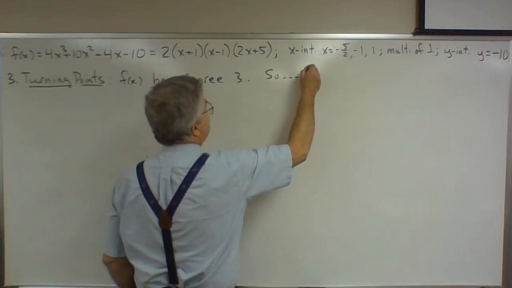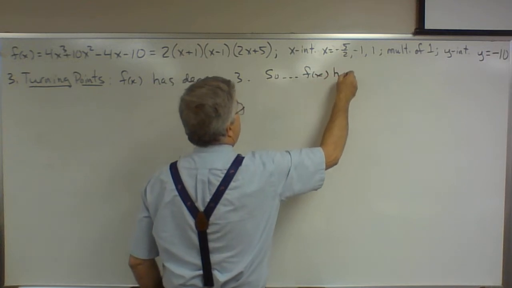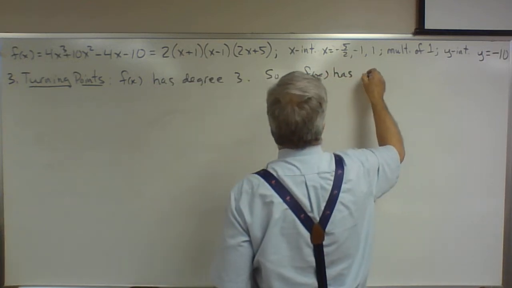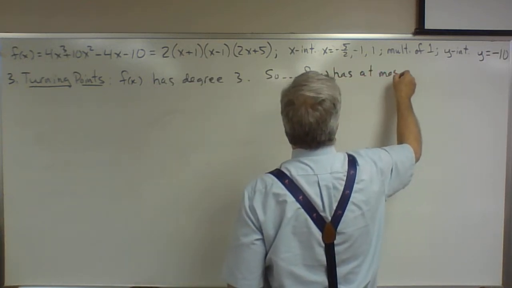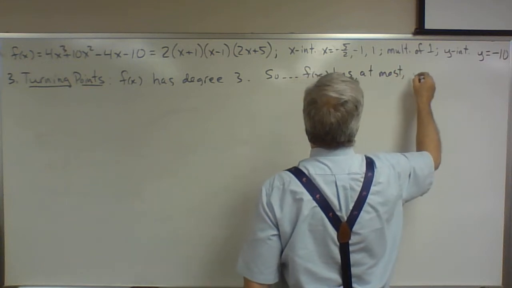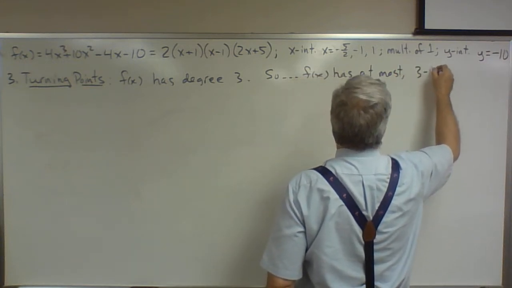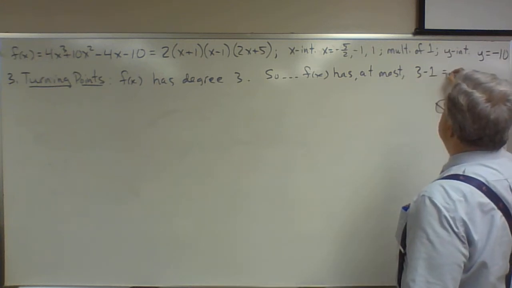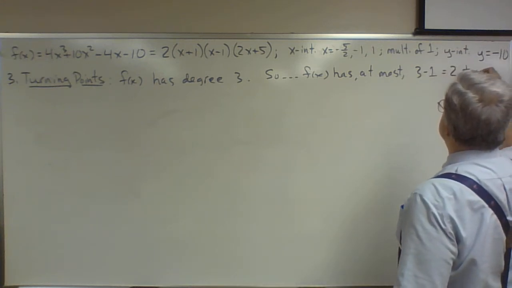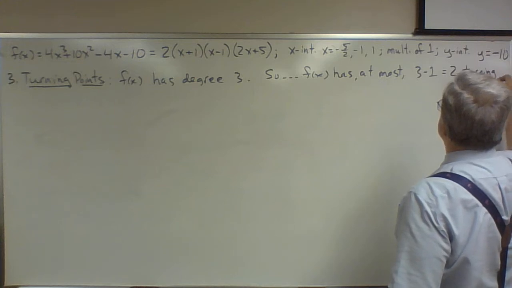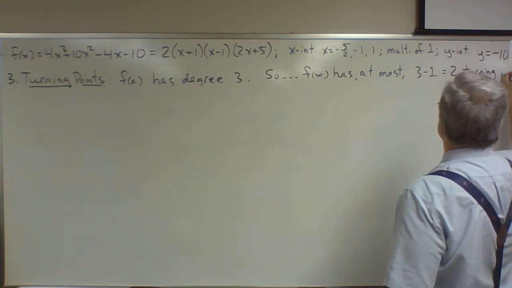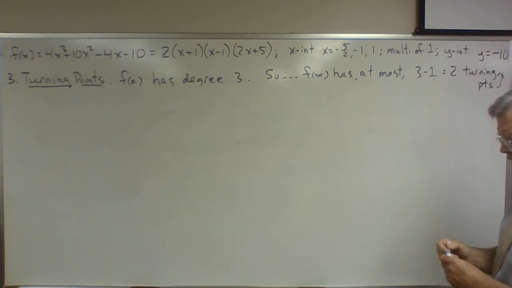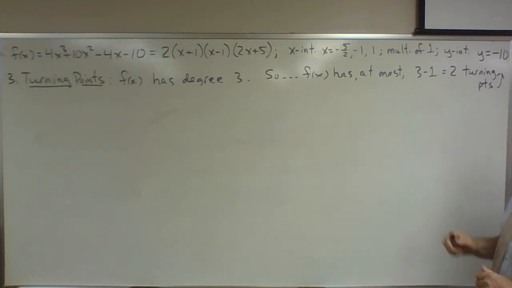So f of x has at most the degree of the polynomial minus 1 turning points. Our polynomial has at most 2 turning points.